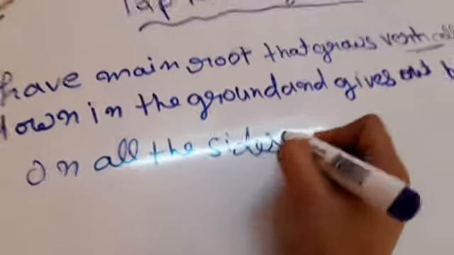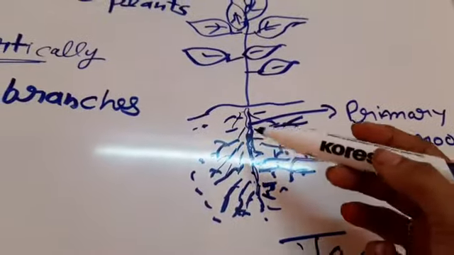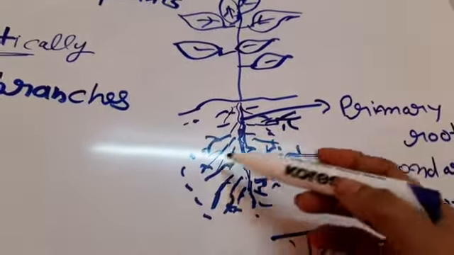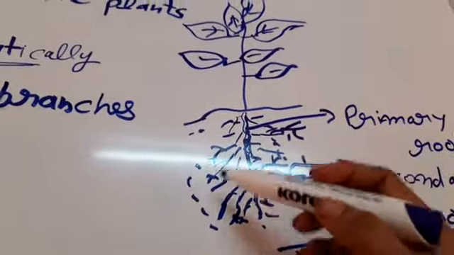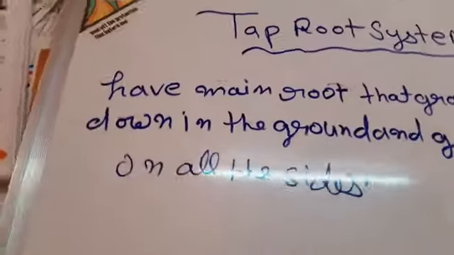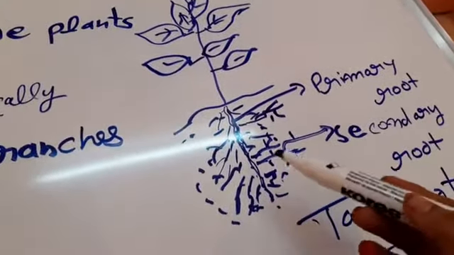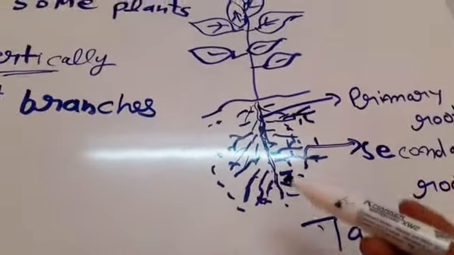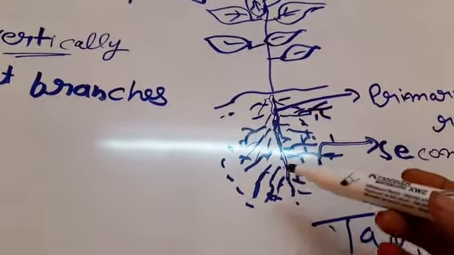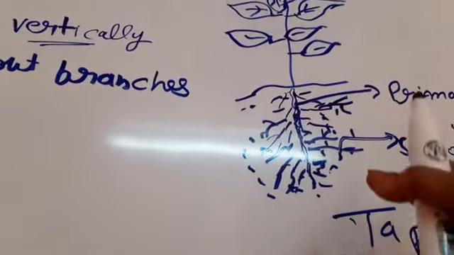You can easily see in this diagram the main root goes vertically down in the ground and gives out some side branches on all sides. A taproot has a main root that grows vertically down in the ground, and some side branches come out.